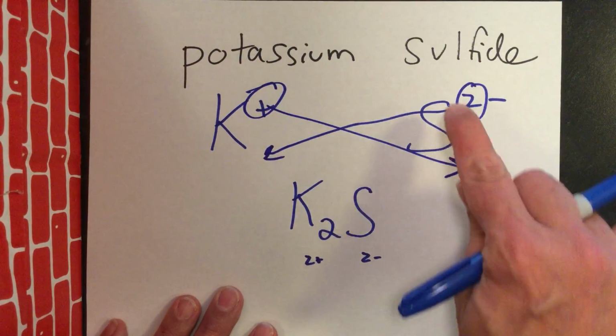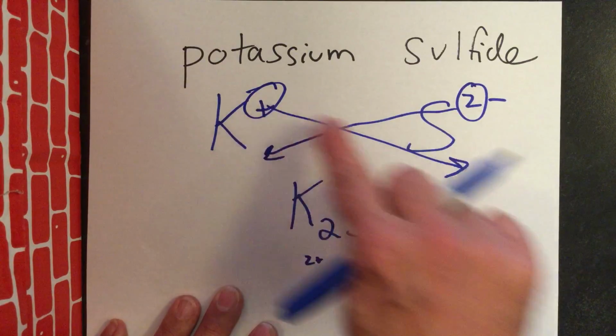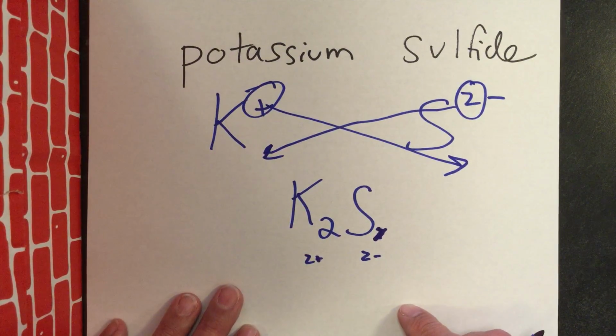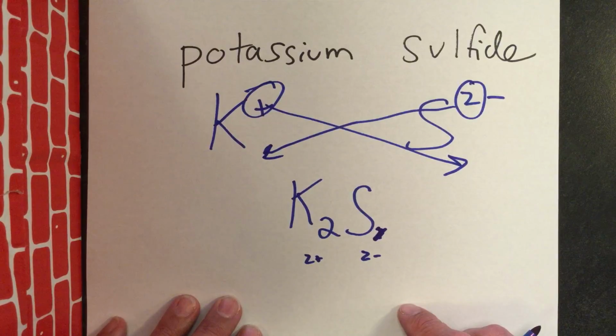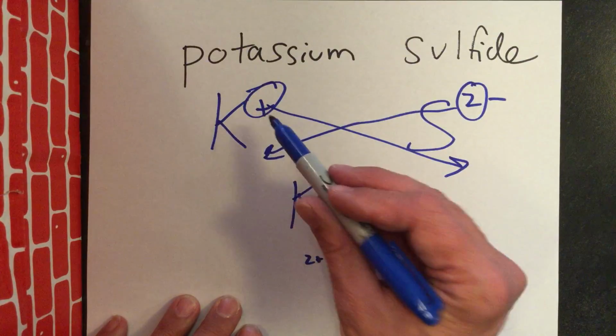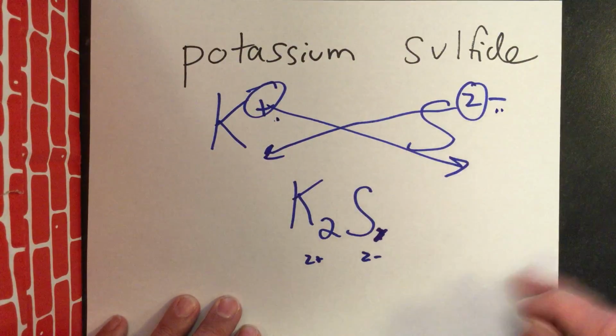And that's how I get K2S1 or K2S. Remember, if there's one of an element, we generally don't show that. So if the charges do not match, just use crisscross. It always works. And remember, all you're trying to do is make sure the number of pluses equals the number of minuses. Let's look at another one.